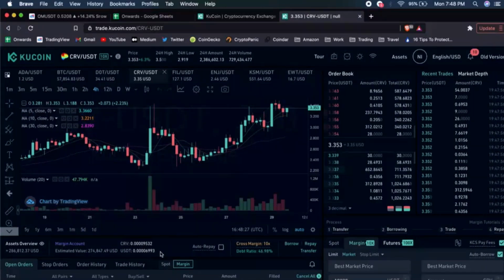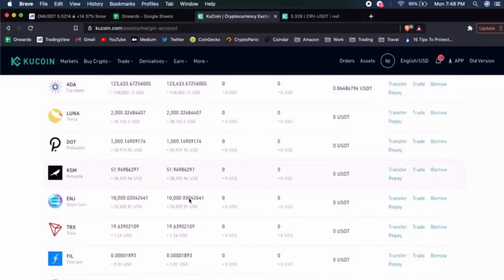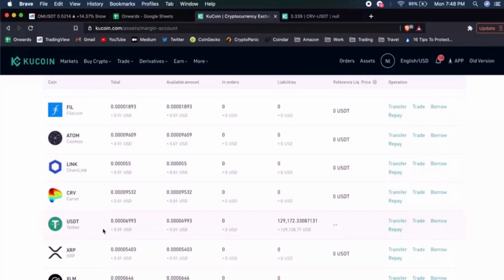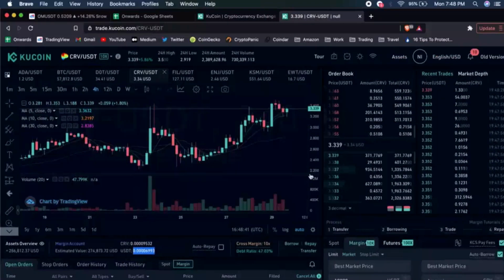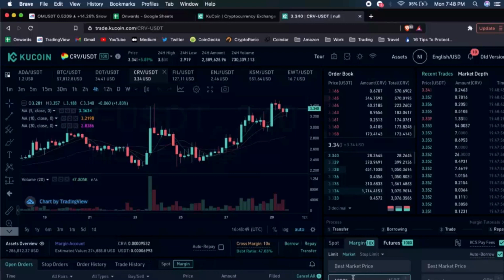You can see I actually don't have USDT in my account right now. I only have a liability in USDT. As you recall, in my margin account, USDT here, I have 0 in my total, 0 in my available amount. I only have liabilities.